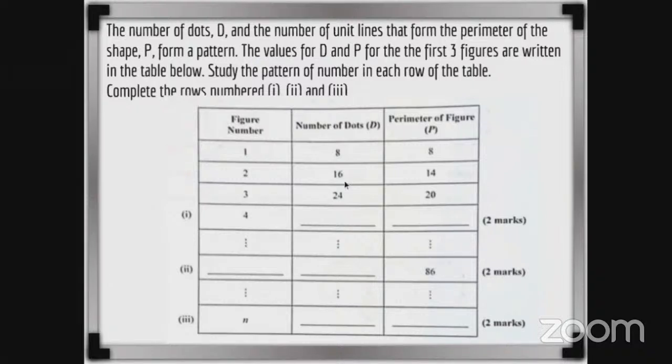So we would have added 8 to 8, which gives us 16, right? 16 plus 8 gives us 24. Okay, so we can pretty much see a pattern there. So 24 plus 8 gives us what? 32. Good.